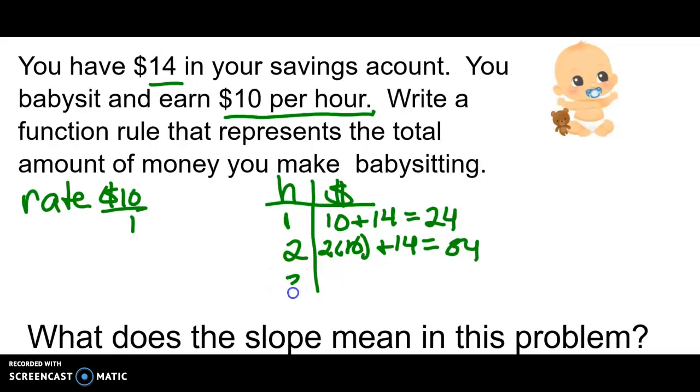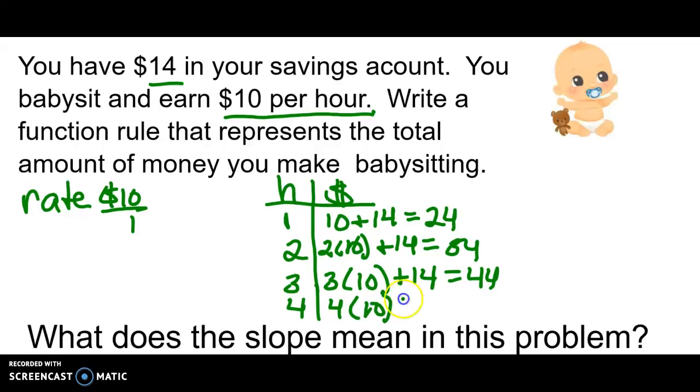And if you babysit 3 hours, that's 3 times $10 per hour plus the $14 you have in your account. And that's $44. And if you babysit 4 hours, that's 4 times $10 an hour plus $14. That's 40 plus 14, which is $54.